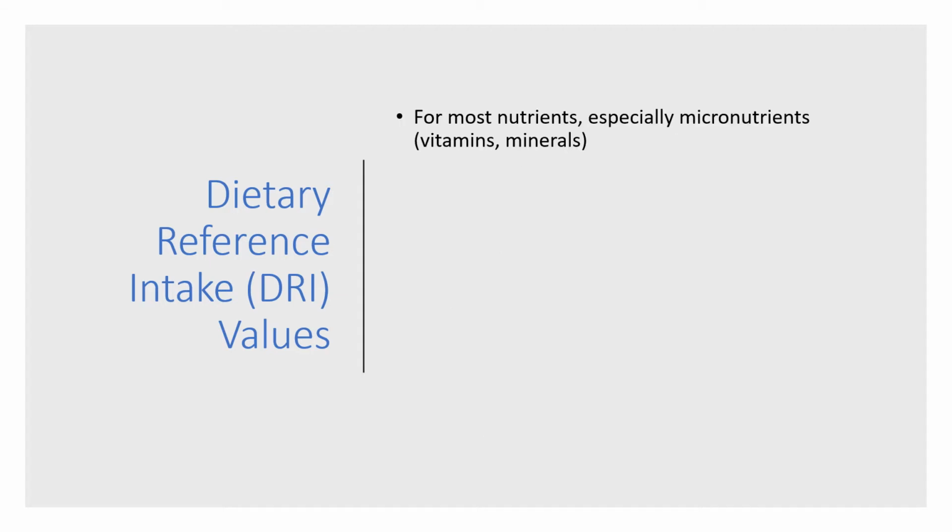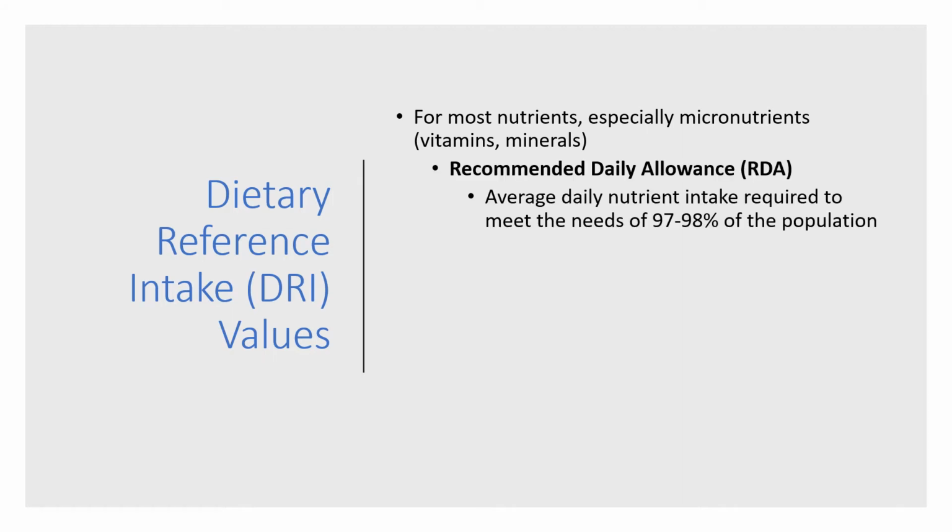And then we have our dietary reference intake values specifically for our micronutrients. Some of these also encompass protein and carbohydrate and fat, but these are more specific to vitamins and minerals. So we have the recommended daily allowance. This is the average amount of a nutrient that is required to meet the nutrient needs of 97 to 98% of the population for that specific nutrient.